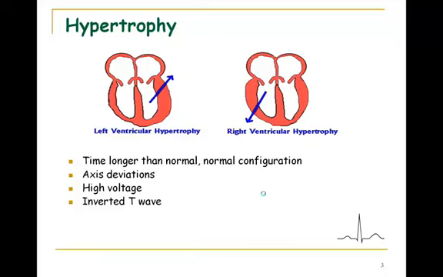Hypertrophy can be a result of increased workload on the heart, and specifically we're going to be looking at right and left ventricular hypertrophy. For some reason the ventricle had to work harder over time to try to maintain efficiency, and the ventricle began to hypertrophy.